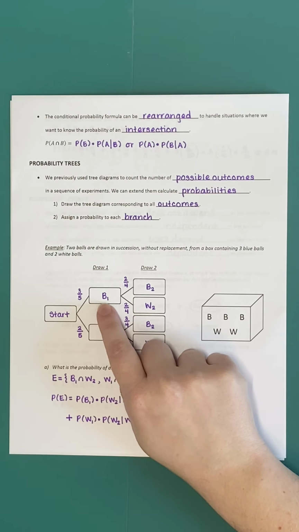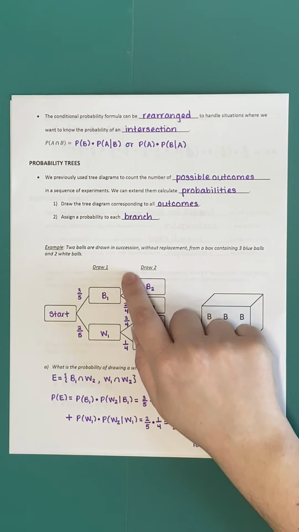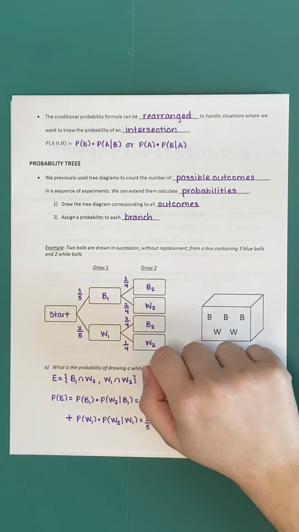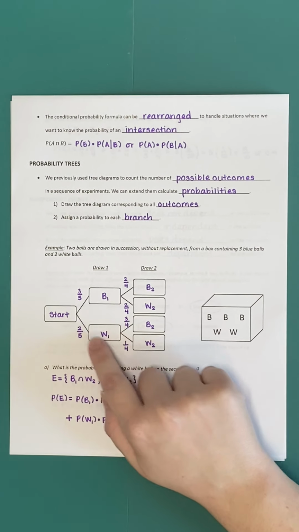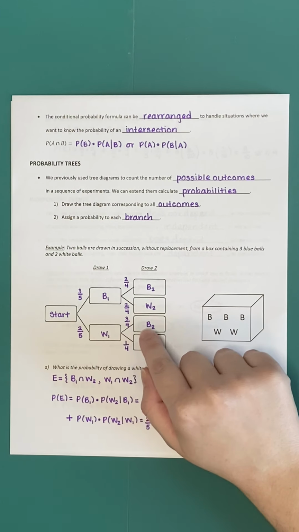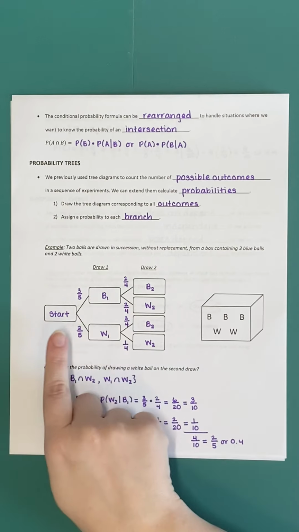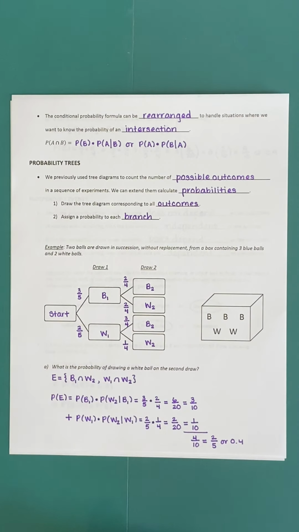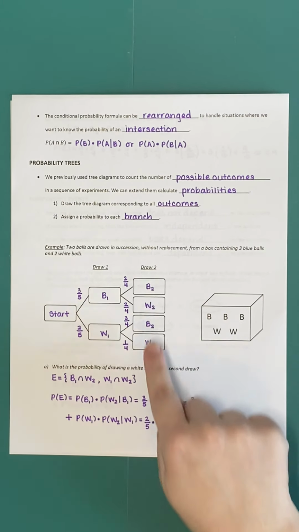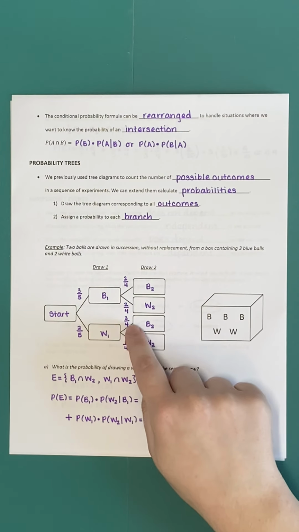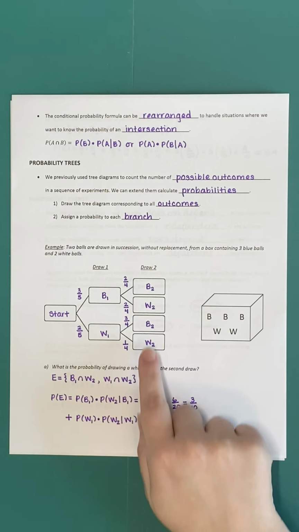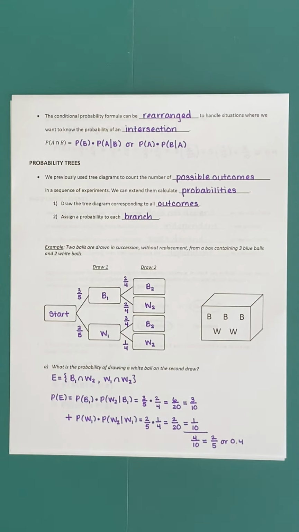If we draw blue the first time, then the next two options for drawing are equally likely. Whereas if we draw white the first time, the next draw from the two options, they're not equally likely. So following one path for the first draw versus the other then takes us to a situation where the probabilities change. So this second draw, this second event, is dependent on what happened the first time. It's dependent on which of the first two options for events we followed.